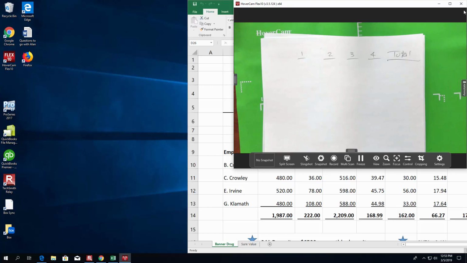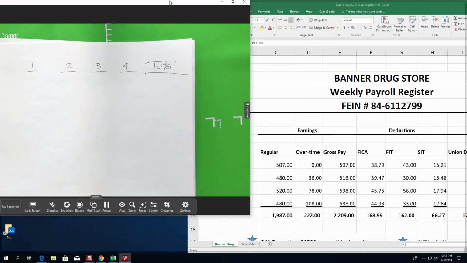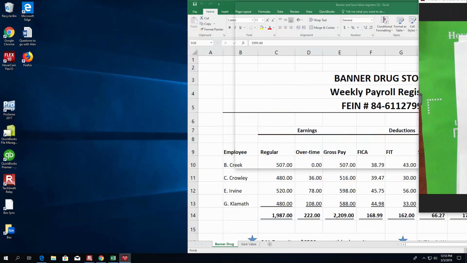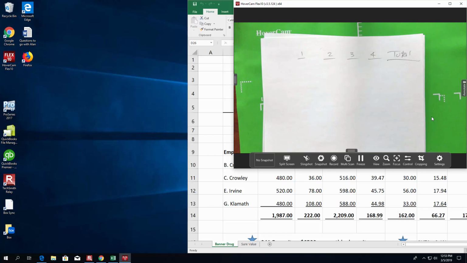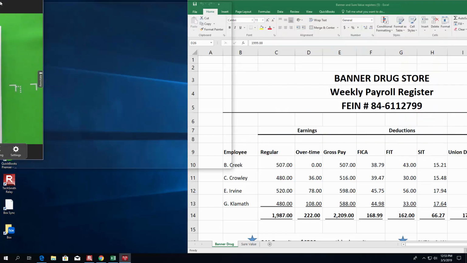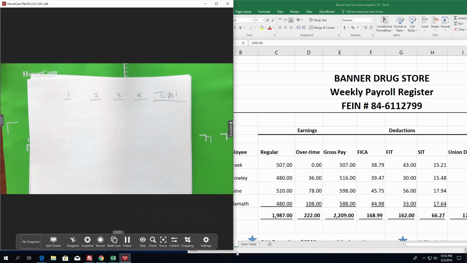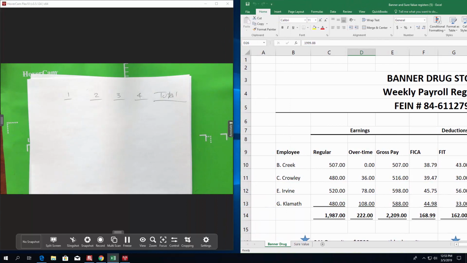Or I'll move the other one over to the left. The key is to get it all the way to the side. Okay, boom, gotcha. Beautiful. Does this one do the same thing? Golden. Okay.